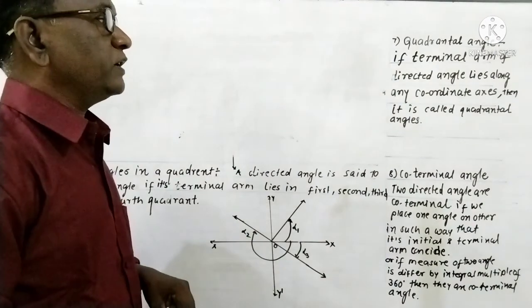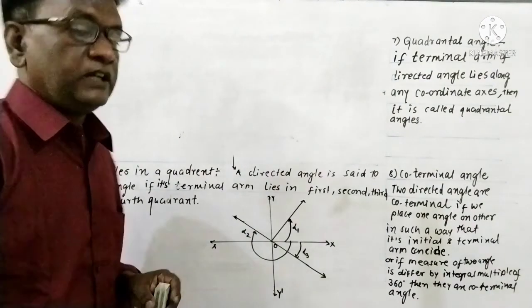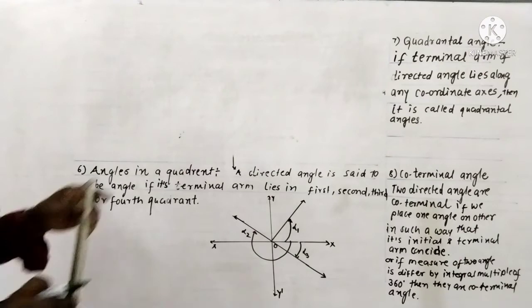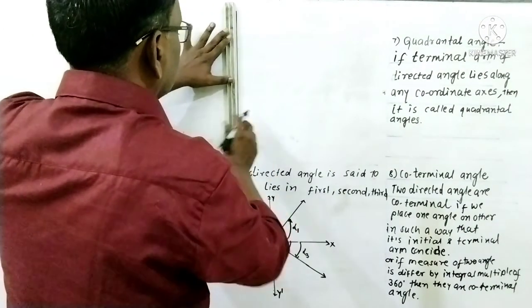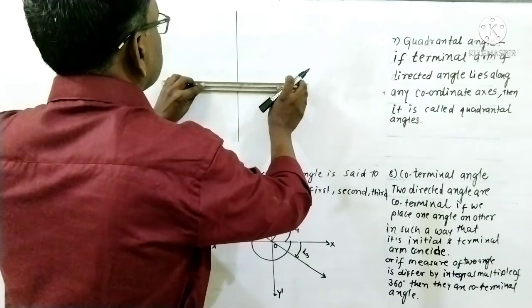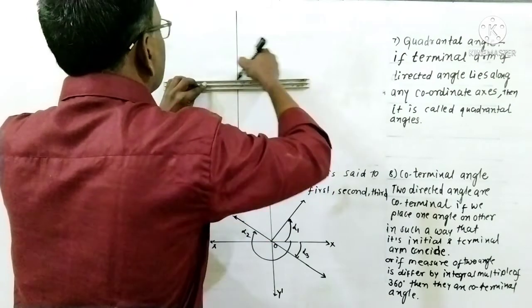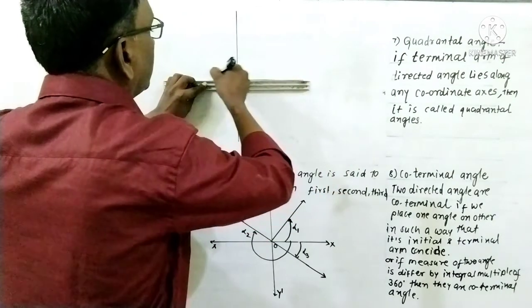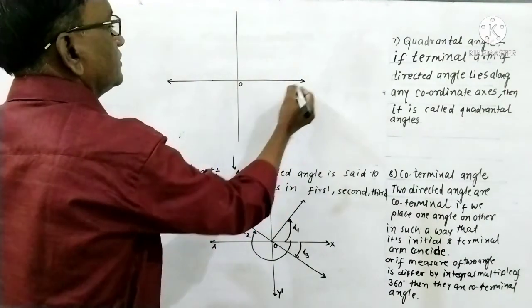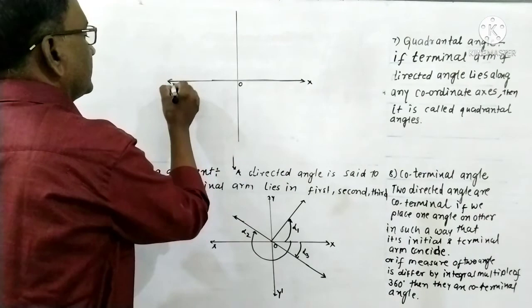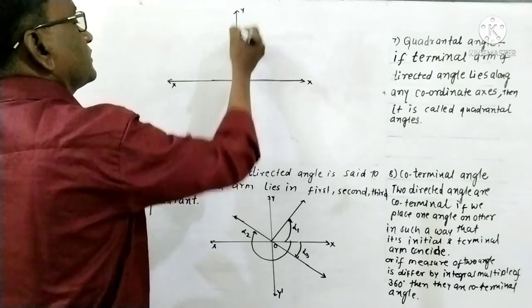If a directed angle lies along any coordinate axis, then it is called a quadrantal angle. See here, how will you show a quadrantal angle? This is the origin, x axis, y axis.